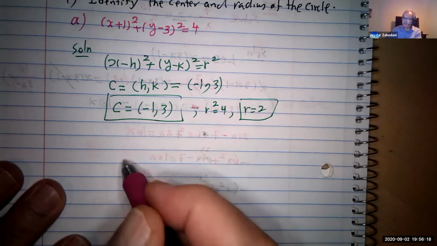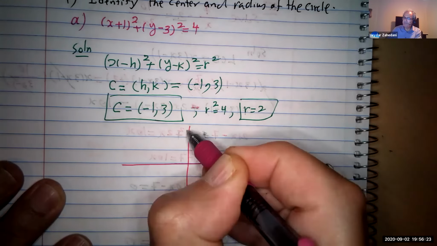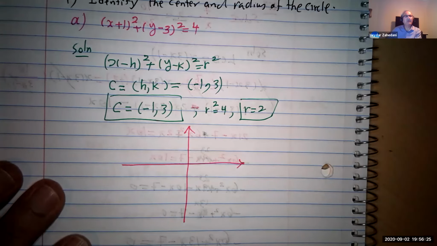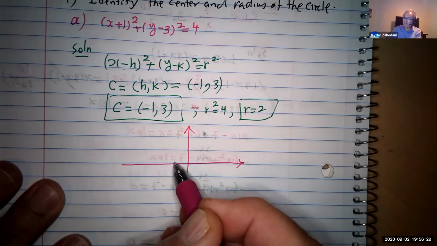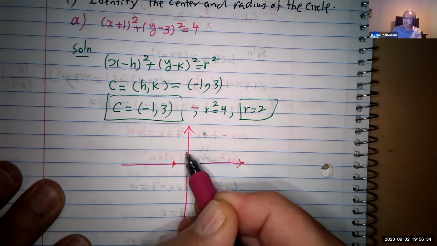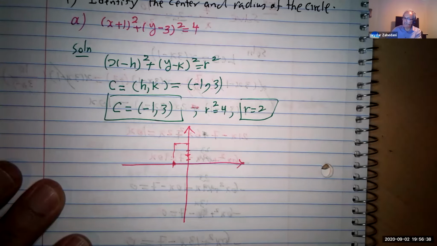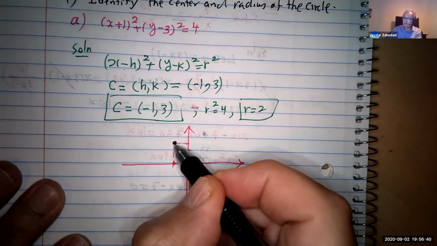They ask you to graph it. So this is how we are going to graph. We identify the center, (−1, 3). So this is going to be the center of the circle.